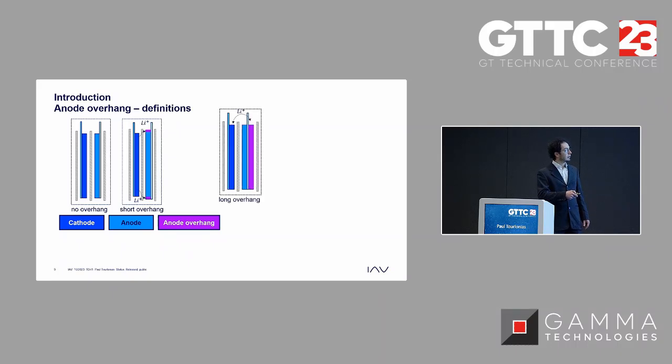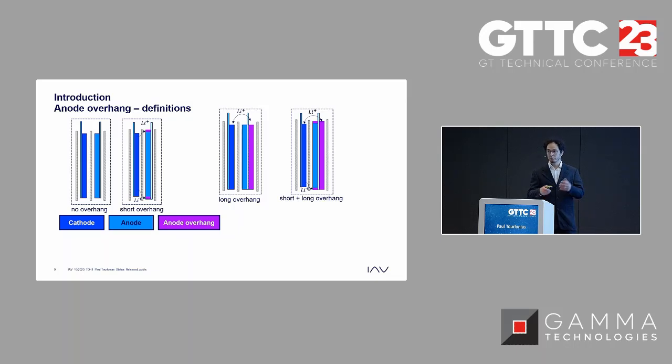And we could also speak about long overhang or long plus short overhang, which is mostly the case in all real cells. With the additional overhang region, the long overhang region, which corresponds to the boundary layers, or the last cell.